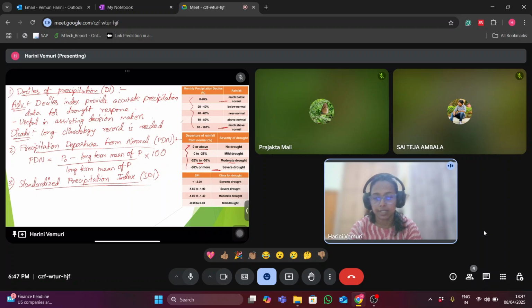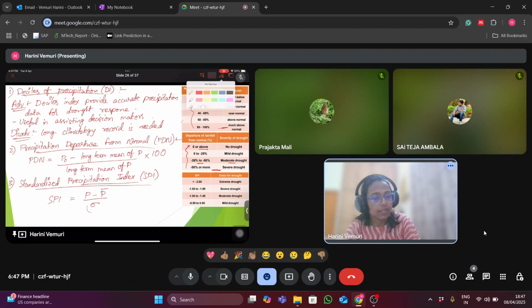So the formula used in SPI calculation is (P minus P bar) by sigma. P is the precipitation at the station, P bar is the mean of the precipitation data at the station, and sigma is the standard deviation of the precipitation data at the same station. Okay.